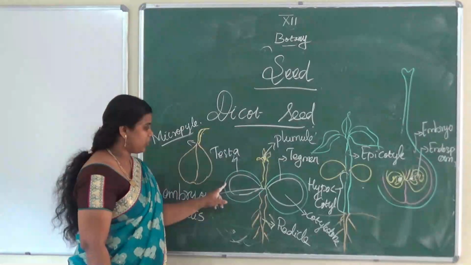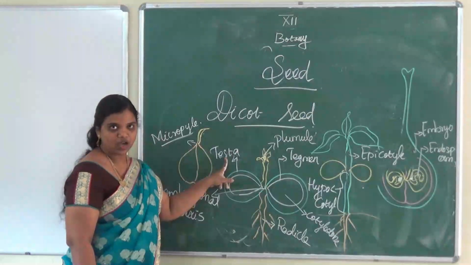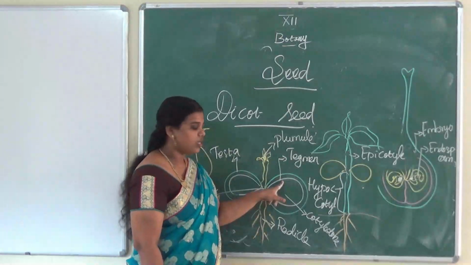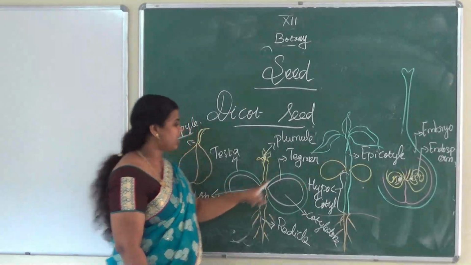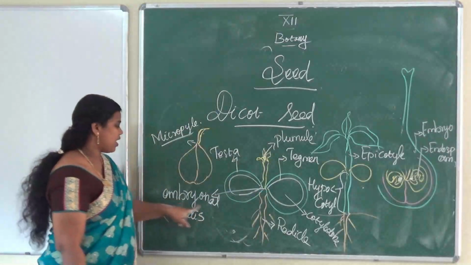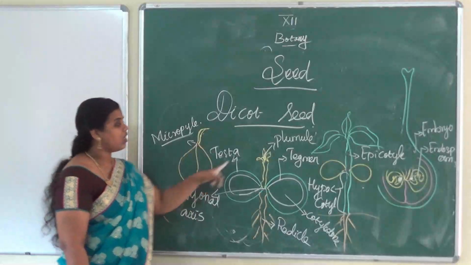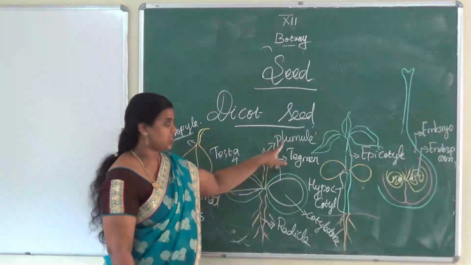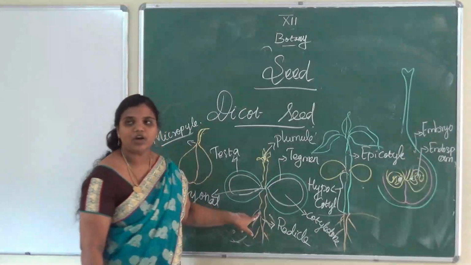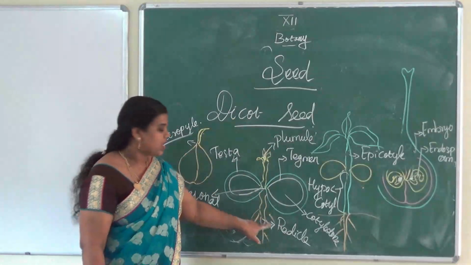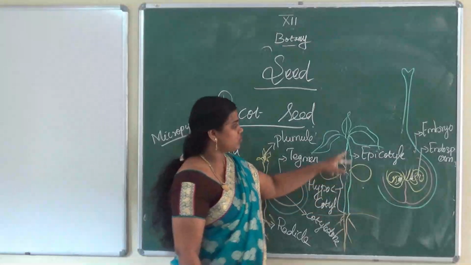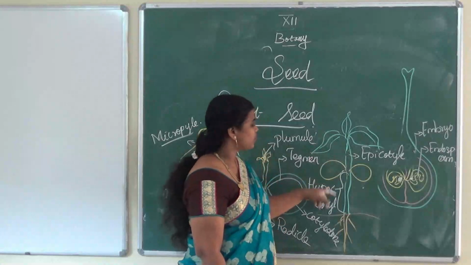The outer seed coat is known as testa, a very thick layer, and the inner seed coat, very thin, is the tegmen. At the center, the embryonal axis has the plumule above it and the radicle below it. The plumule produces the shoot system.